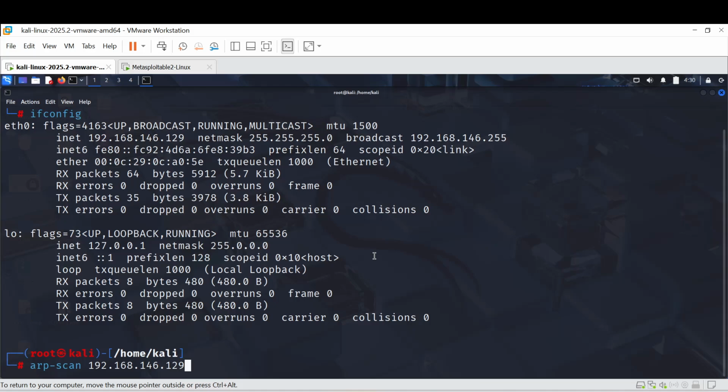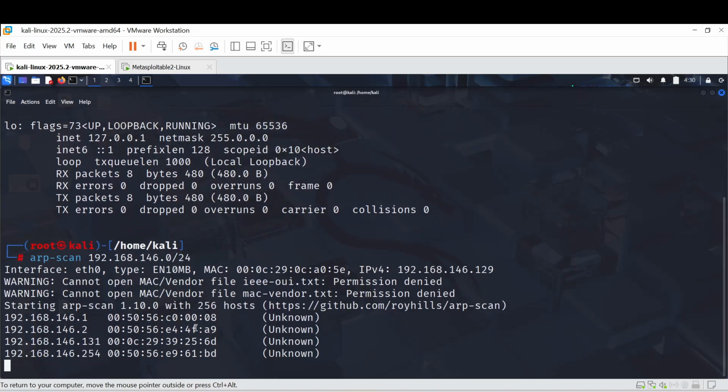Since we need to provide the range, we write /24, replacing the last octet, 129, the IP address of Kali, with 0, since we are on a class C network.